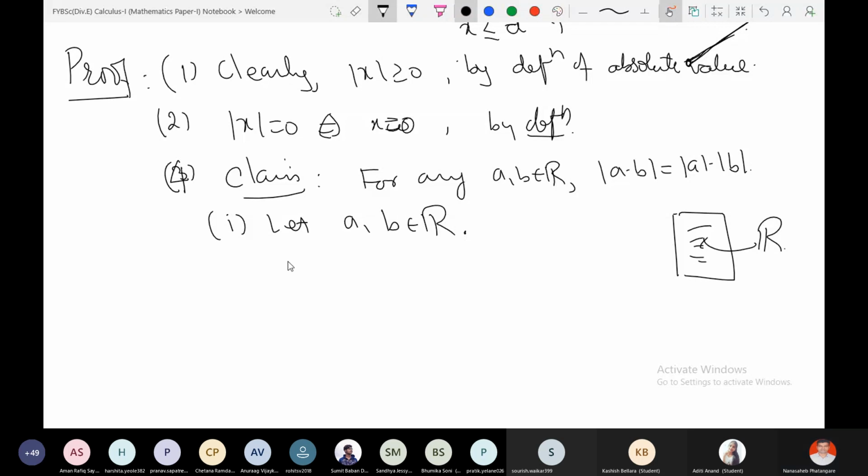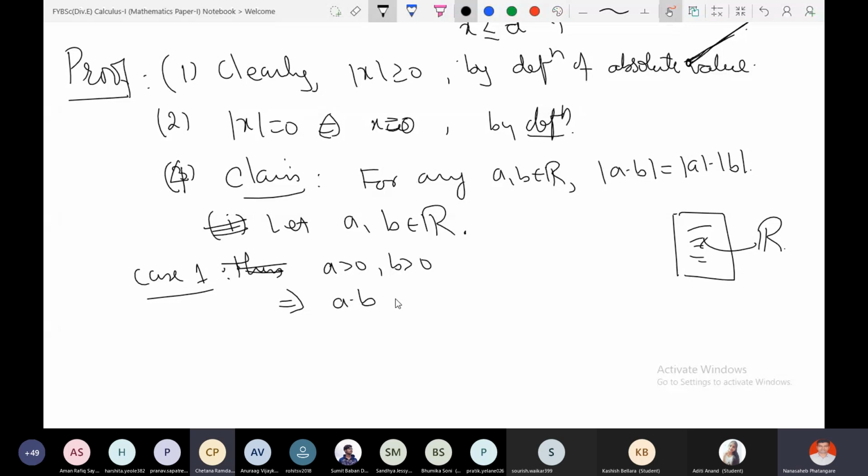Okay, then what is the first possibility? Case 1: both are positive. Then by order properties, a times b is greater than 0, positive.